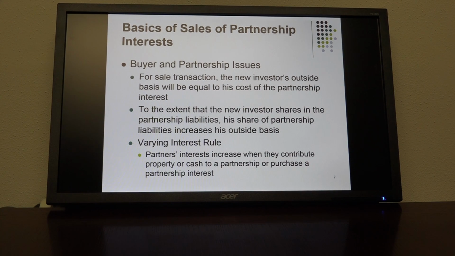So inventory is broader than just what you think of as inventory. And so if you look at example 21-4, it shows you the steps. We already figured out that gain realized is 19,000, and then they allocate between what's capital and what's ordinary. So make sure you understand that.